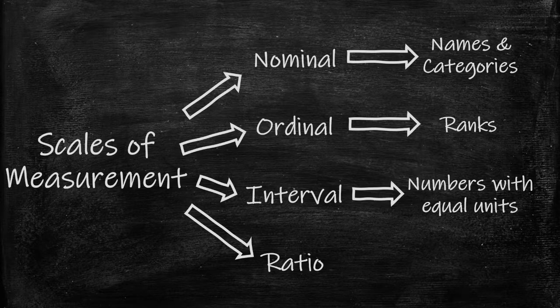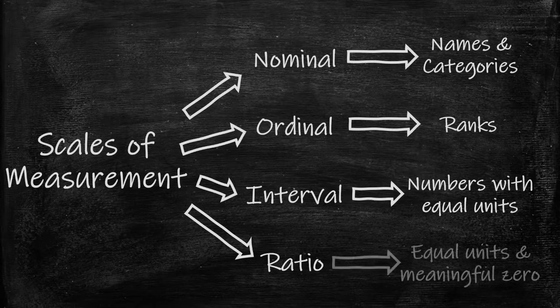Interval, we have even more quantitative description here. We know exactly how much of something there is, but 0 doesn't mean anything. It's just arbitrary. And then when we have ratio, we have both that equal unit size, but also a meaningful 0 point. They completed 0 problems correctly. They had 0 kids. It means an absence.